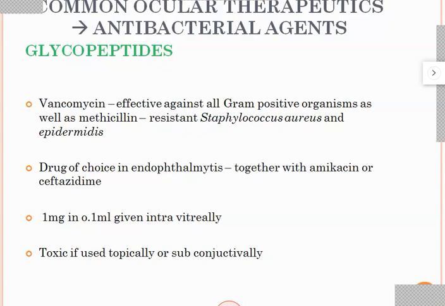The toxicity is topical. It may be toxic when it is given topically or subcutaneously. So we should use the drug cautiously.